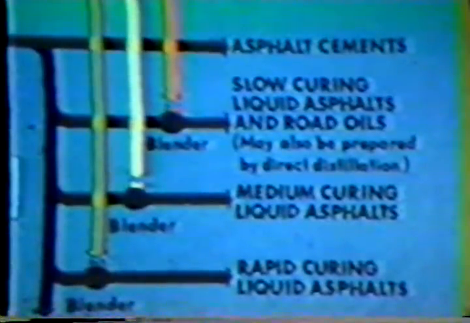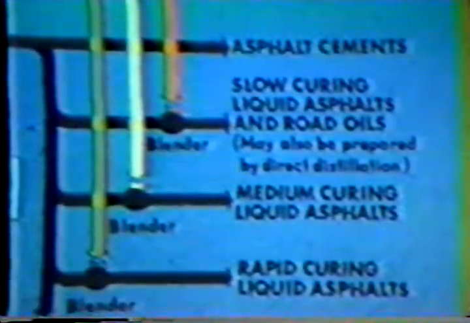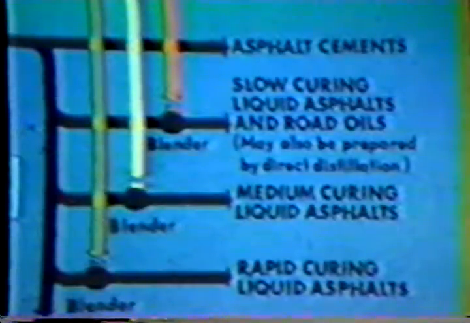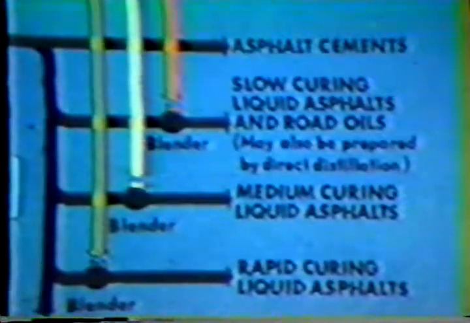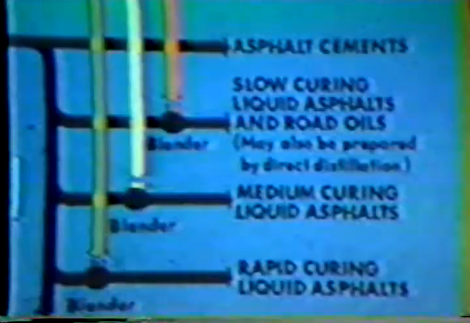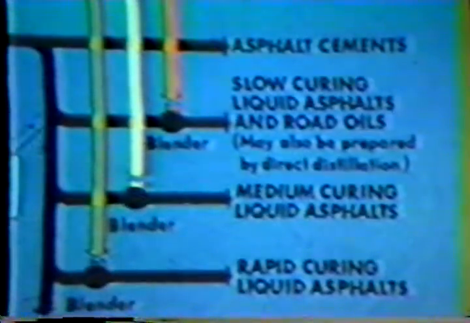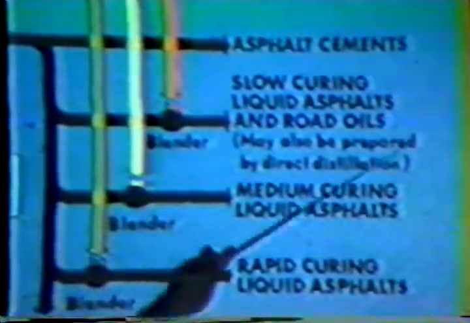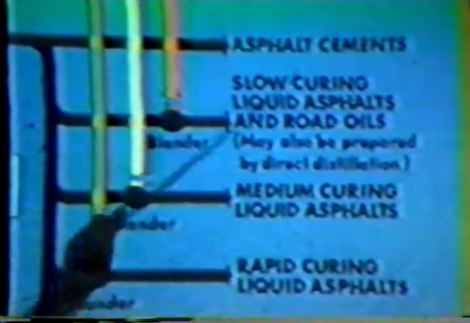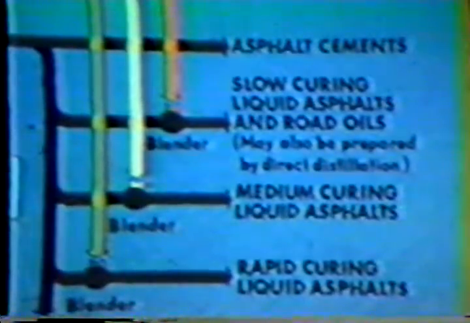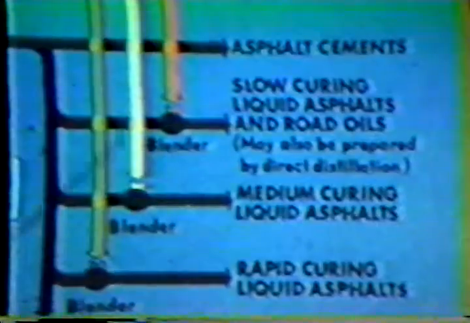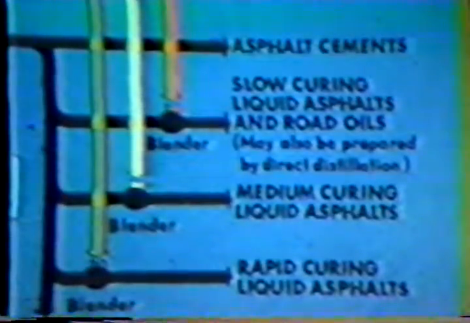It doesn't cure out. If we used a rapid cure, it would just sit on top, create a flap, and wear off. Be the wrong choice. So this gives you some idea why we need three different types of cutback asphalts. And as I say, this whole family now is cut back because you can see why they're made that way. They're cut back from the original asphalt cement.